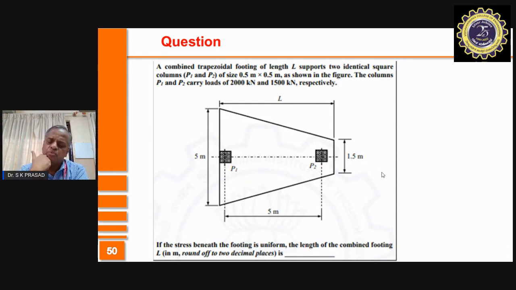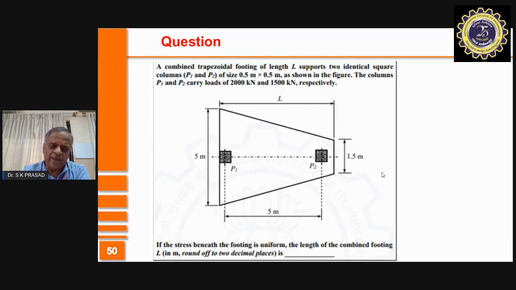Therefore, if you try to provide isolated footings, they overlap, and hence it is not acceptable. So, whenever the columns are heavily loaded, whenever the spacing between them is less, and whenever the SBC of the soil is low, you are forced to go for a higher order foundation, and combined footing is a higher order foundation.